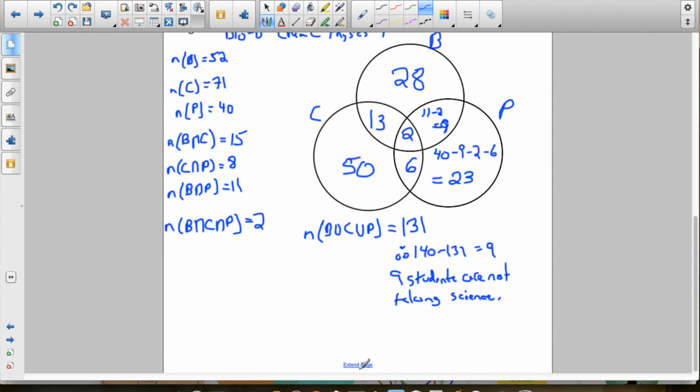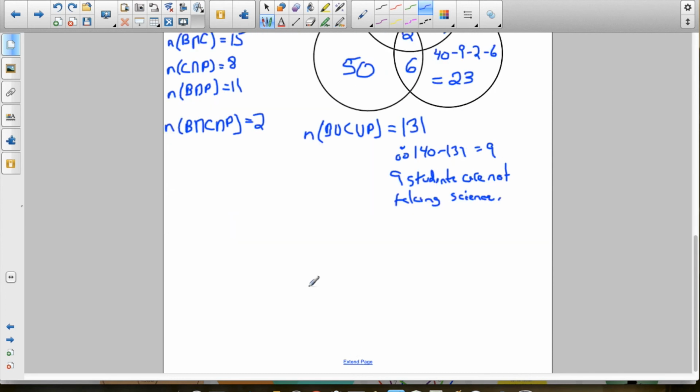So there's another way, and I do want to show it to you. It just uses a formula that stems from what we've already written. So the number of B union C union P is the number of all of the bio plus the number of all of the chem and the number of all of the last set, physics.